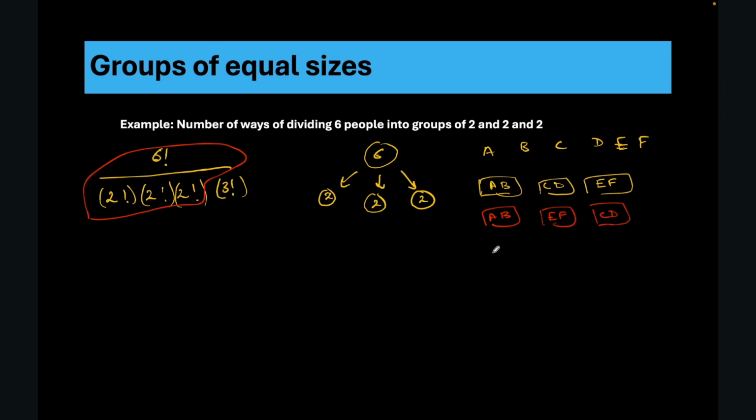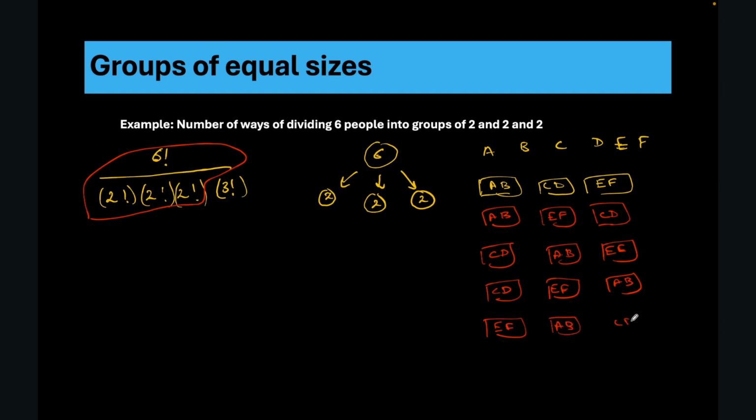It's also accounting for, let's say, if I come CD first, then AB, then EF. Let's say I have CD, EF, AB. Then I have EF, AB, CD.